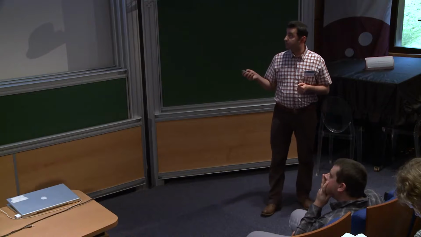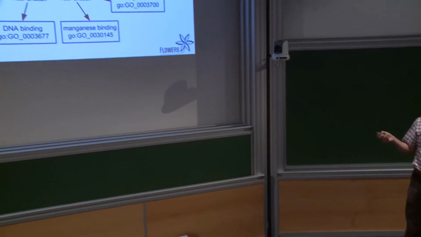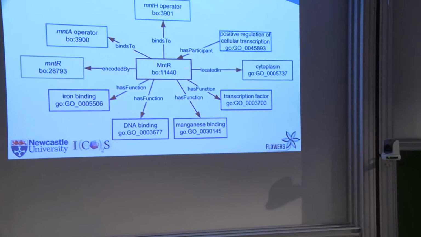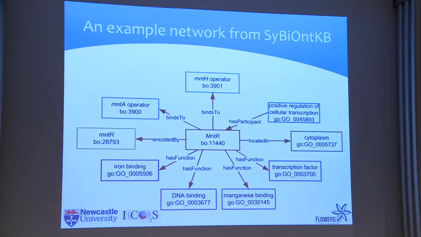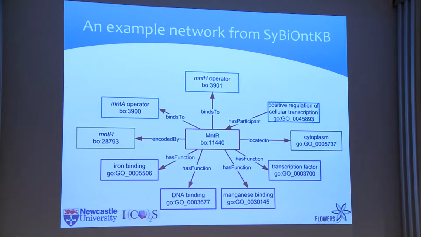One sample network from this knowledge base is the MNTR transcription factor network, for example. You can immediately see the features of this transcription factor, such as the binding sequences that this transcription factor binds to, the coding sequence encoding this transcription factor, its molecular functions such as iron binding, transcription factor, manganese binding, and so on.